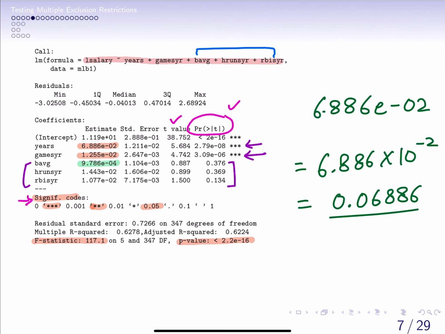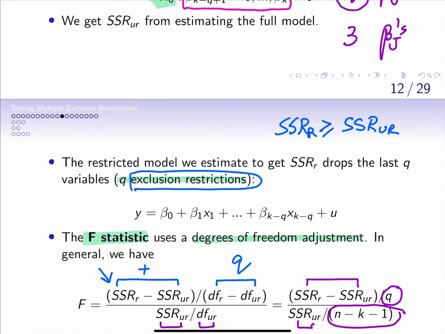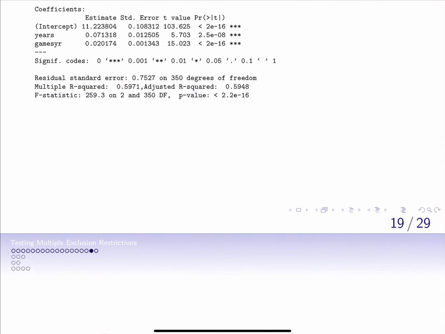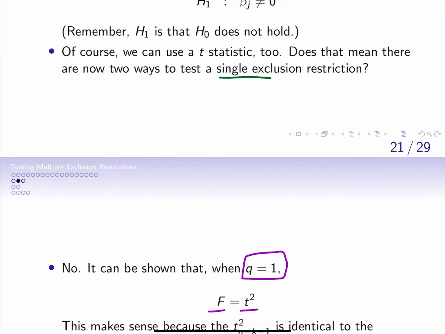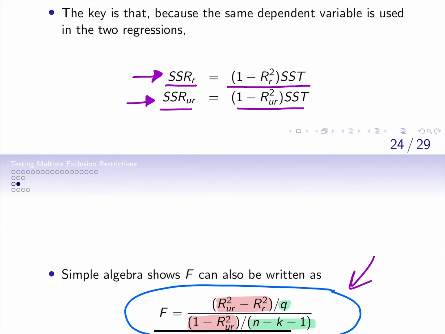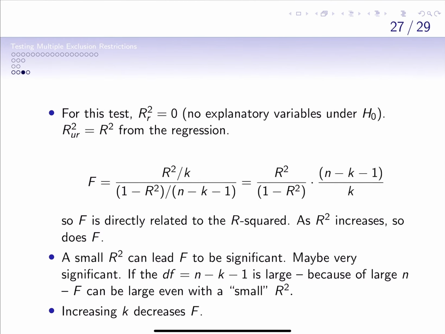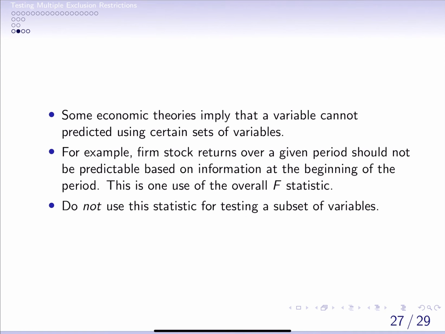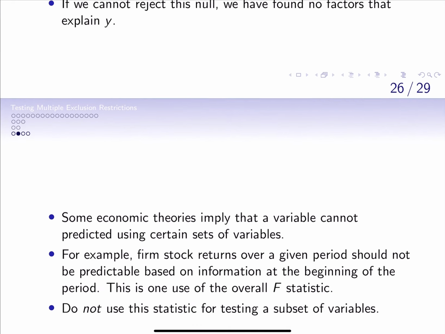This is 2.2 times 10 to the negative 16, which is a very small value for p. And so we can definitely reject the null that all these variables are jointly significant. Okay, so that's the idea here, if we were trying to interpret that F statistic. But that's not much use to us.